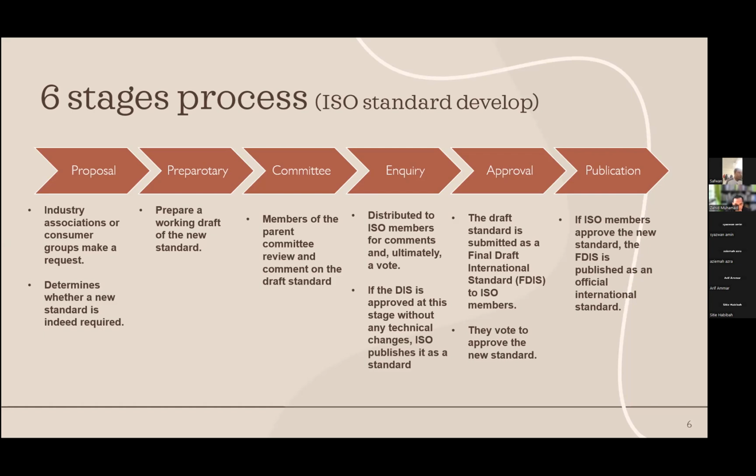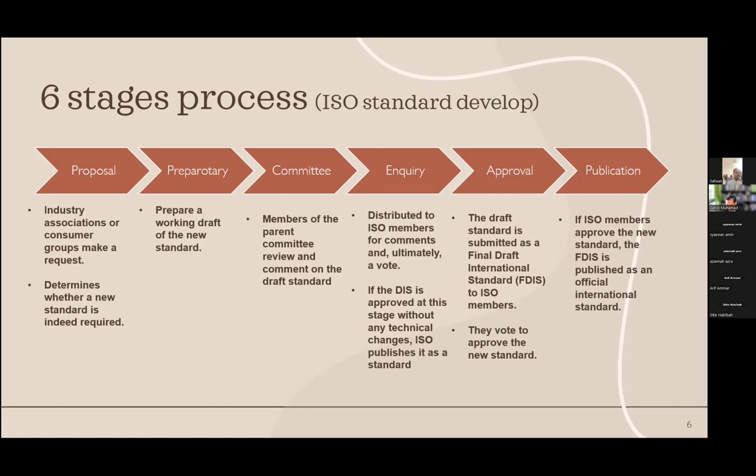At the committee stage, the members of the parent committee review and comment on the draft standard. Then at the inquiry stage, it is distributed to ISO members for comment and ultimately a vote. If the DIS is approved at this stage without any technical change, ISO publishes it as a standard.